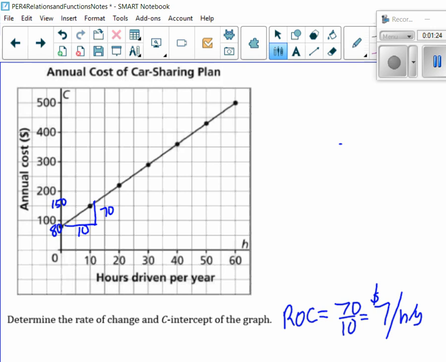Okay, so now we have to do the C-intercept. What's the C-intercept? We already said what it was. What was it? 80. The C-intercept would be your Y-intercept, but it's just called C there, right?